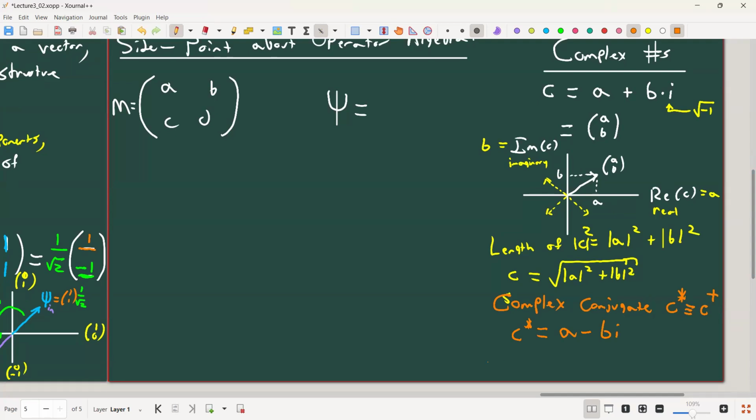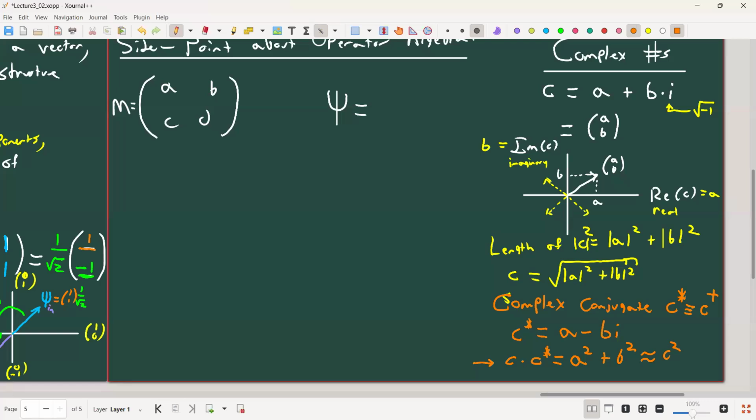Now what happens if I take C times C star, if I take a dot product of these 2 vectors? This ends up being A squared plus B squared. That looks like what I expect for C squared, because it's A minus BI times A plus BI, and you FOIL that out, and you get A squared plus B squared.